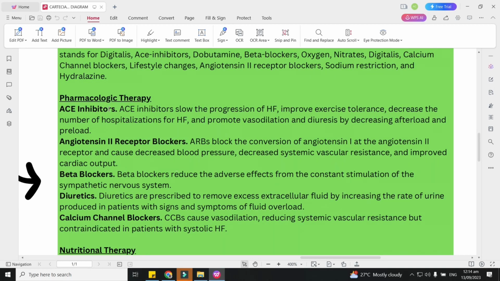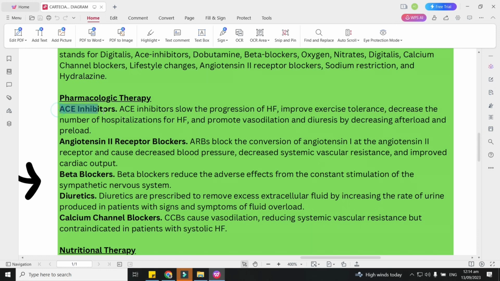So ACE inhibitors, just what I've mentioned earlier, the lungs release this ACE to convert angiotensin 1 to angiotensin 2, which is the primary reason behind vasoconstriction and aldosterone, which is also the culprit behind water retention and high BP.